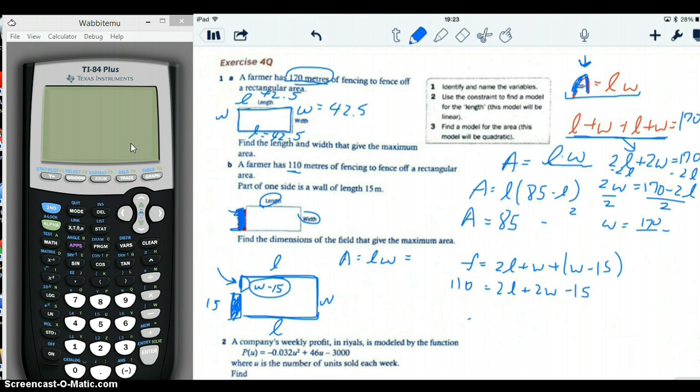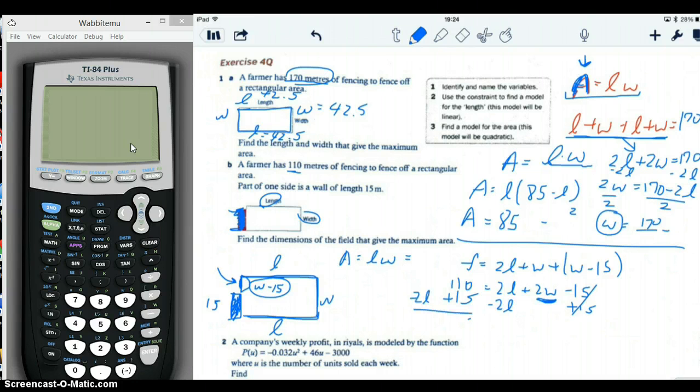Now like before, we solve for W and then we put it in the other equation. We're going to put W on the left and then everything else on the right. Well, let's leave W on the right because it's already there. So we're going to add 15 to both sides. That'll get rid of this 15. And then we're going to subtract 2L from both sides.